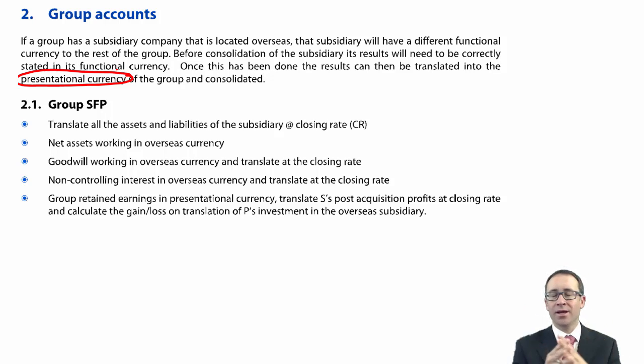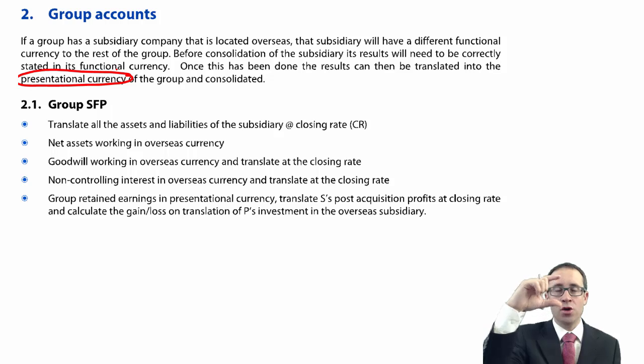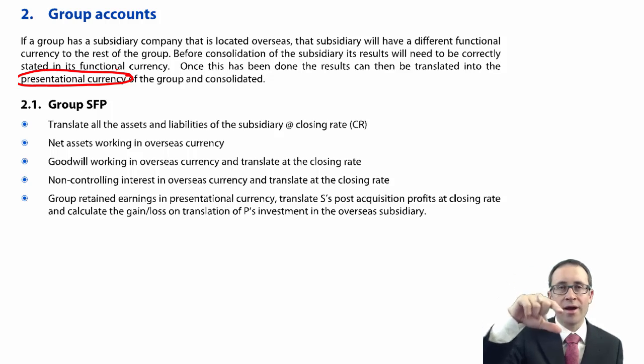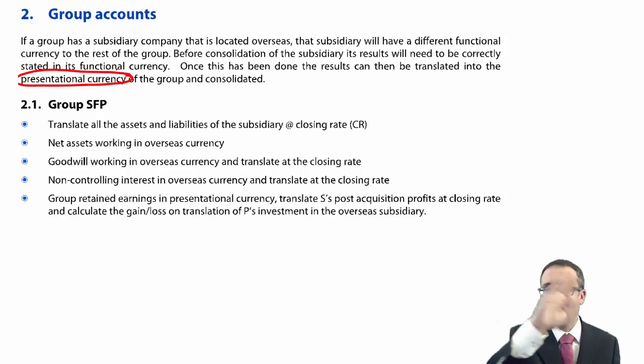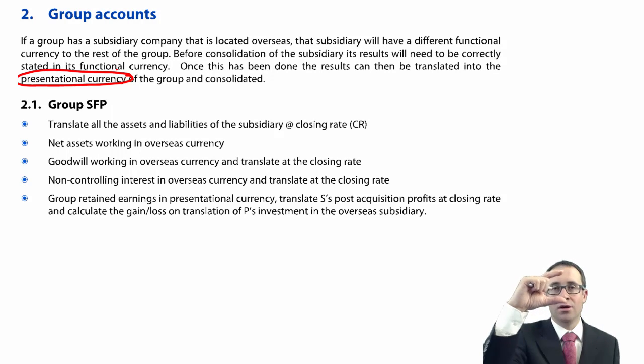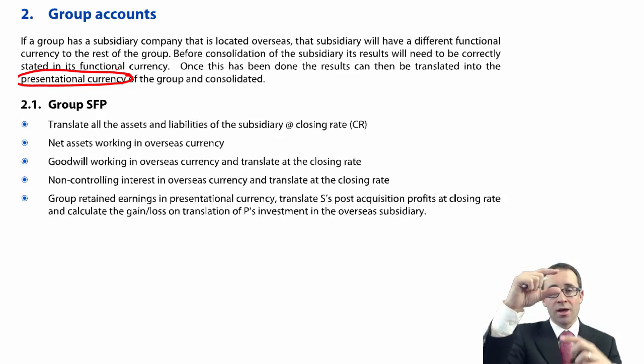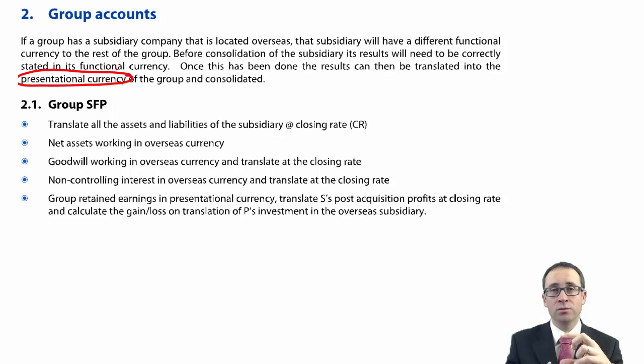It's not going to be so complicated that you have a parent company that is, say, in euros, with group financial statements prepared in dollars, so you need to translate the parent as well. No, you're just going to have a parent whose currency is the dollar, and therefore the group presentation currency will be the dollar, and you have a subsidiary at the bottom, and the subsidiary's functional currency is different to the group's presentation currency.